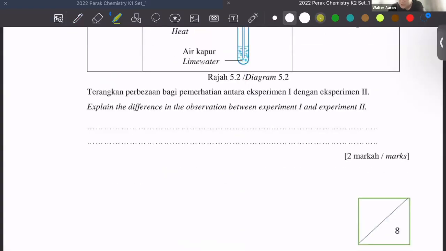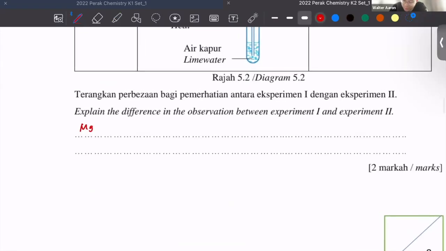Explain the difference in experiment 1 and experiment 2. So you can just put there, magnesium carbonate decomposes to release carbon dioxide.